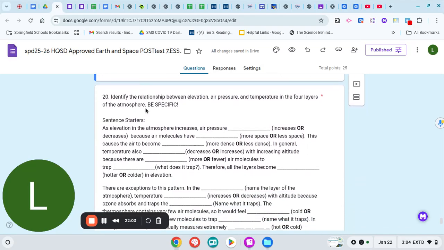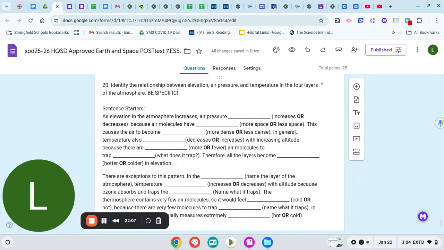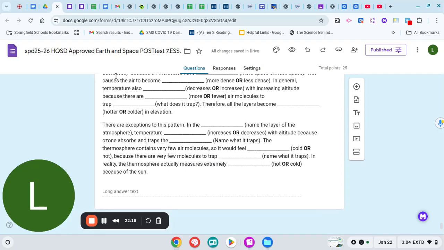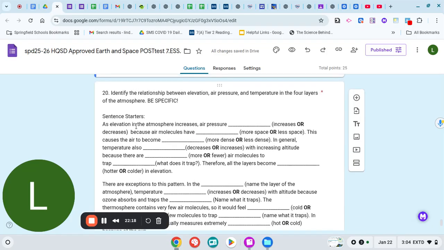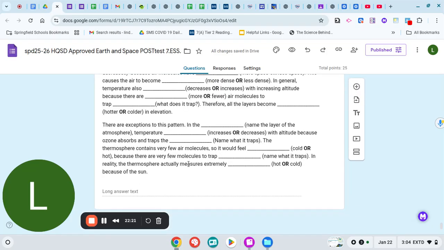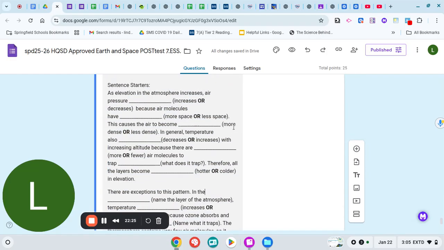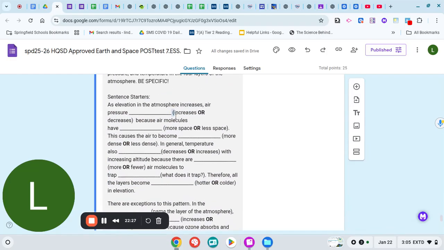Next one, it says, identify the relationship between elevation, air pressure, and temperature in the 4 layers of the atmosphere. Be specific. All you have to do on this one is literally copy this whole entire text, put it in the answer, and do the same thing. You're going to delete the line and delete what is in parentheses.